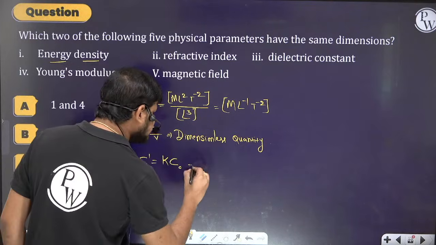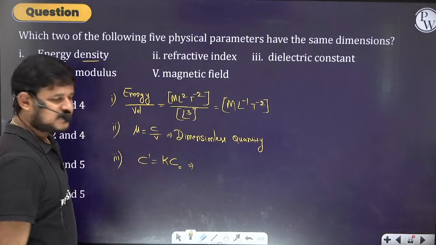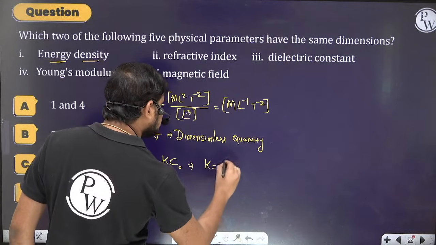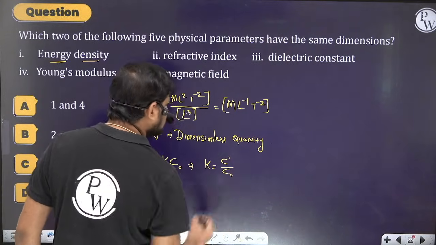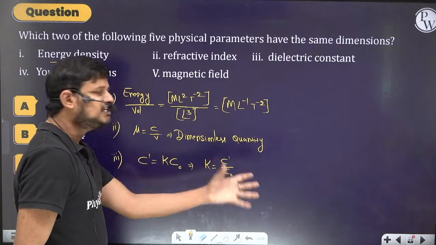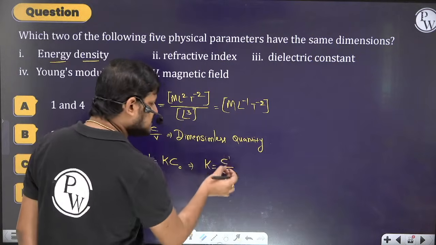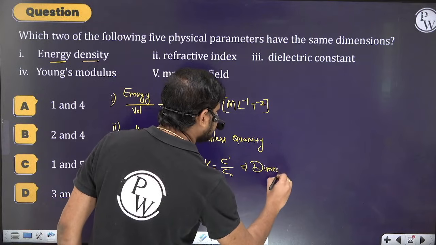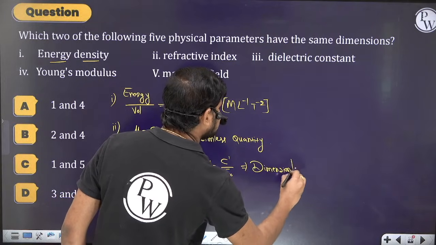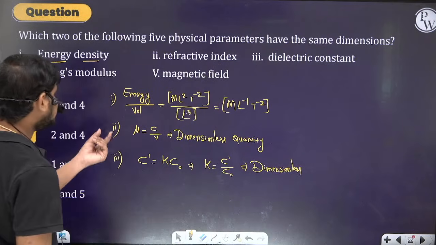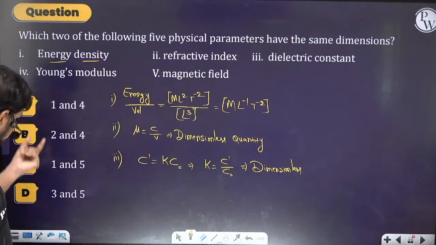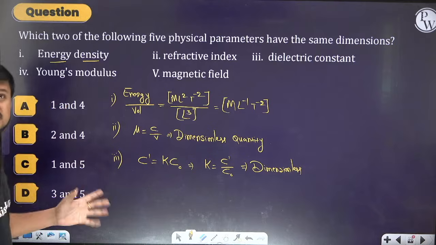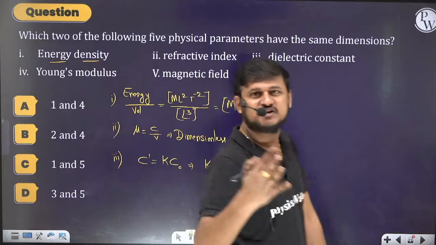Here K is the dielectric constant, K is equal to C dash by C naught. Capacitance by capacitance, again a dimensionless quantity. So that means 2 and 3. Check the options. Is there any 2 and 3 option? There is no 2 and 3, so we have to proceed further.